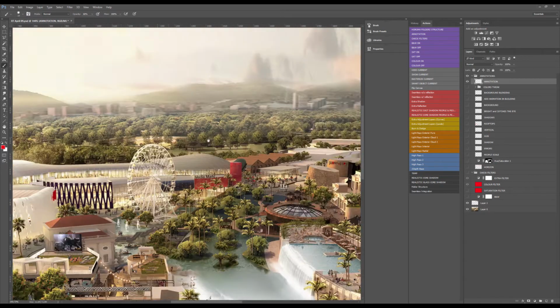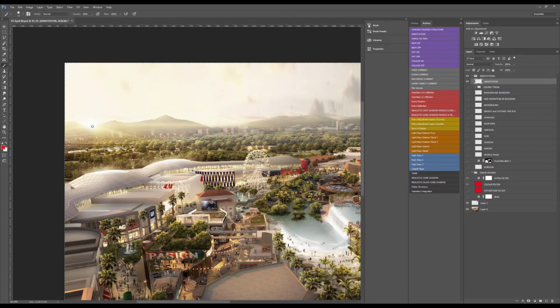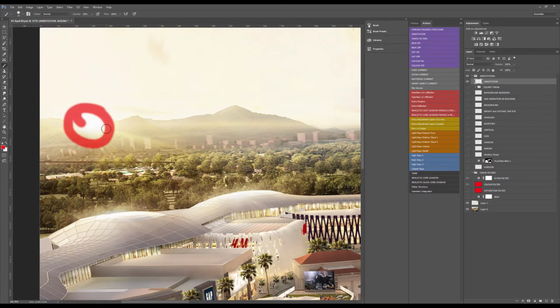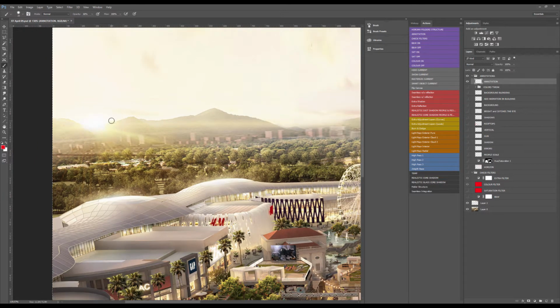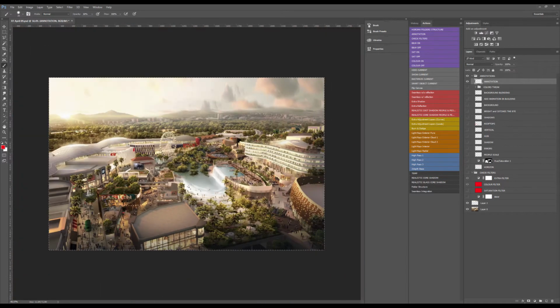The reason I'm talking about shadows is that we do have our sun here, or at least I hope it's here, because everything shows that it is. I really like the small flare and bloom, really nice.